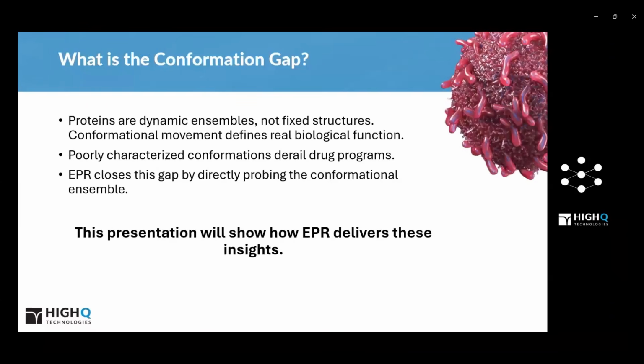The title of this talk is the conformation gap, and I want to talk a little bit about what I mean by that to set the stage. What we mean by the conformation gap is that it's generally known now in the structural biology community that proteins and biomolecules are dynamic ensembles, not rigid fixed structures. That might seem fairly intuitive at this point, but it wasn't always intuitive.